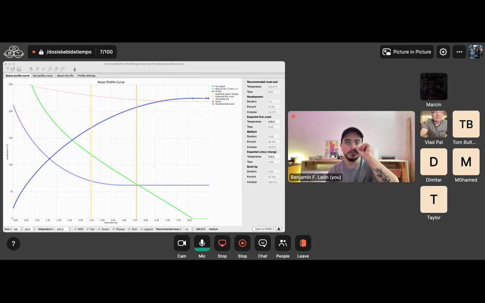We have different amounts of power supply and different fan calibrations. So it's really hard to give you a specific number of RPMs or temperature you should end at. Every coffee will behave differently.